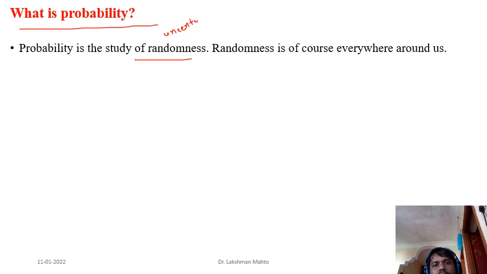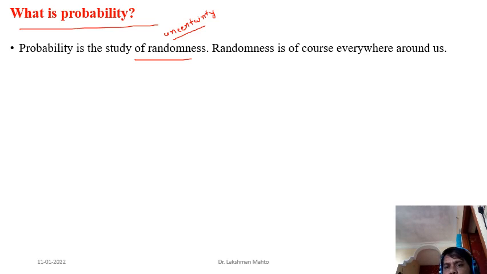Whether you measure something, if you are taking any kind of data, what you observe is that the data happens to be noisy in nature. It is not completely accurate. So some kind of randomness or uncertainty is there. Uncertainty or randomness is of course everywhere around us.